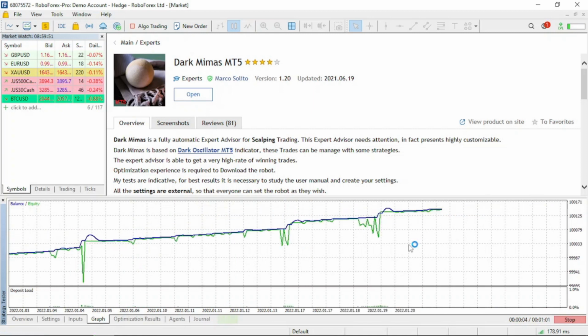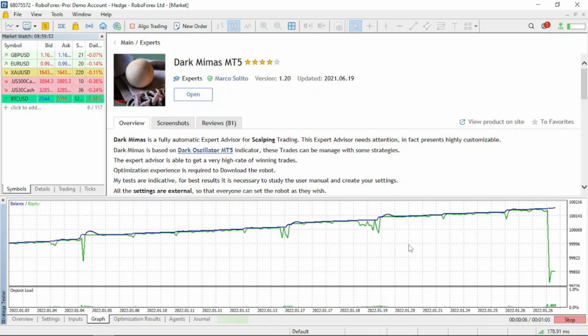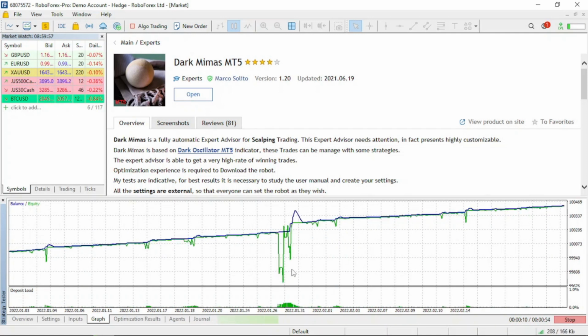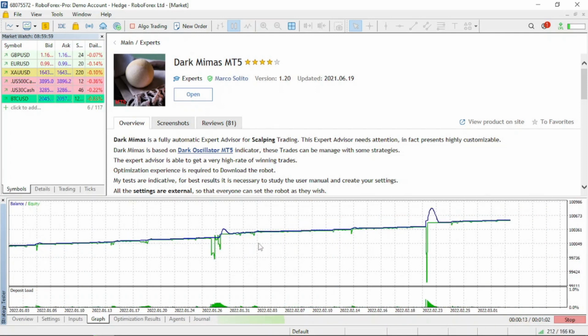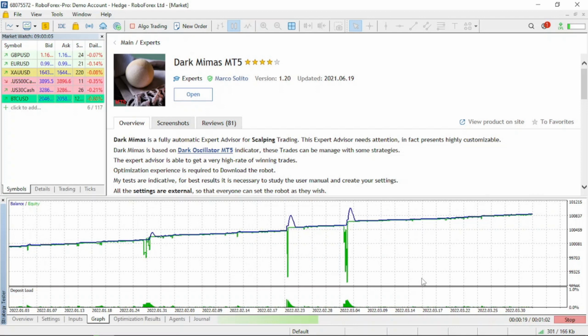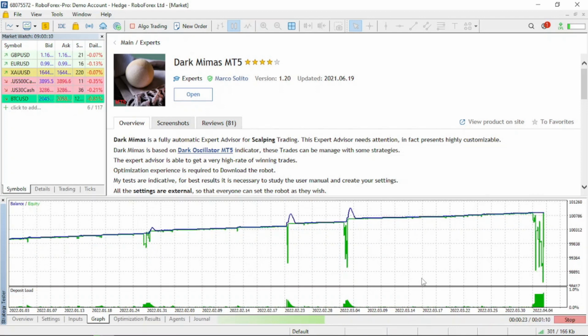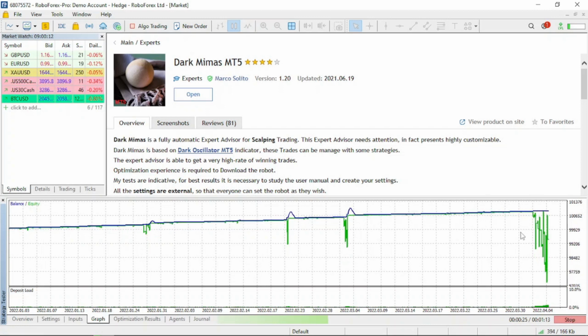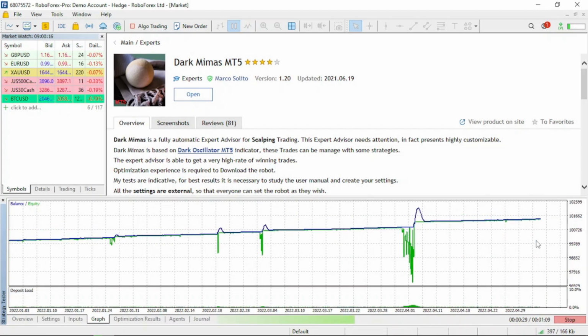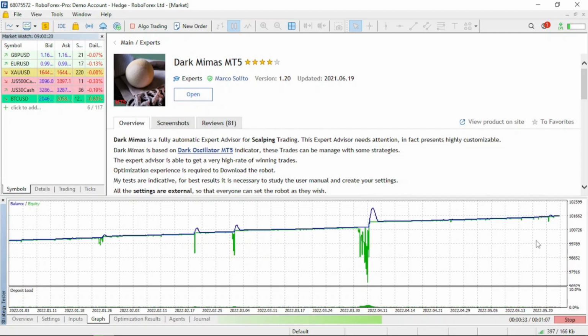Let's take a look at the graph. We can see that it does use a martingale or grid function where if the price goes against the expert advisor, it opens trades in the opposite direction. So what we see here is a couple of very large periods of drawdown. However, using a 0.01 lot, you'll see that the expert advisor is quite profitable.